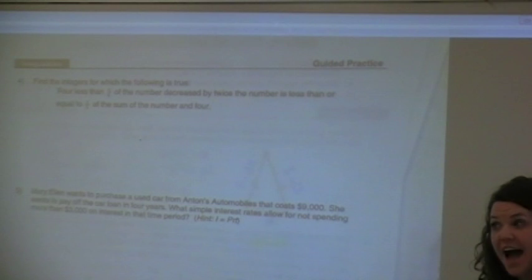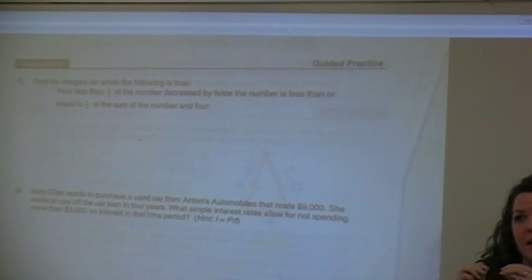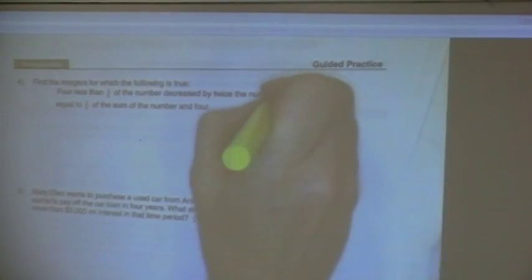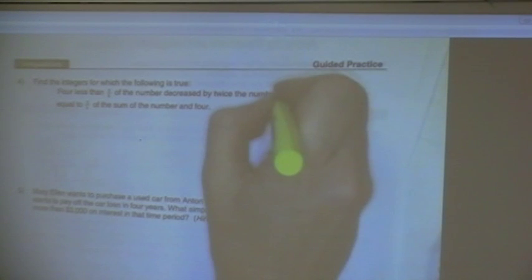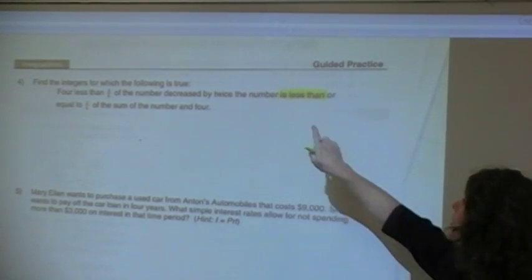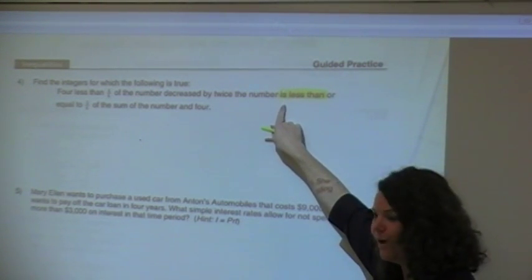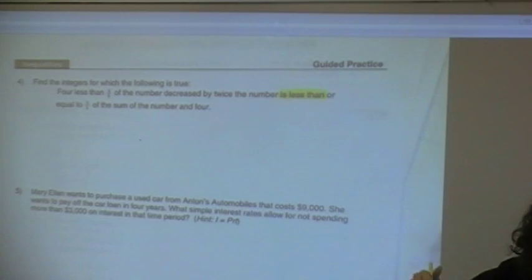Now that is not the inequality sign, because the inequality sign is a cousin of the equal sign, so it has to say is less than. You look later in the problem, see where it says is less than? That's your inequality sign. Your clue is the word is.